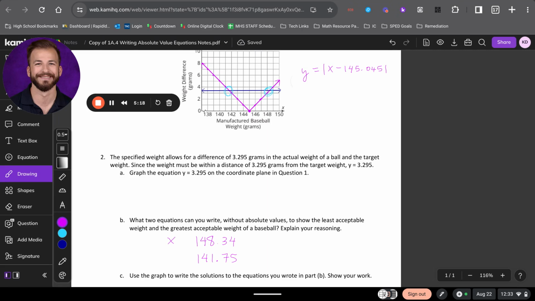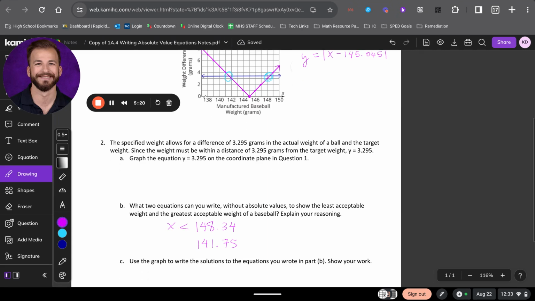So X would be less than 148.34, or X must be greater than 141.75. It does say within the distance 3.295, so I would assume that we could include the exact weights of 148.34 and 141.75. So we'd want to add those equal signs.